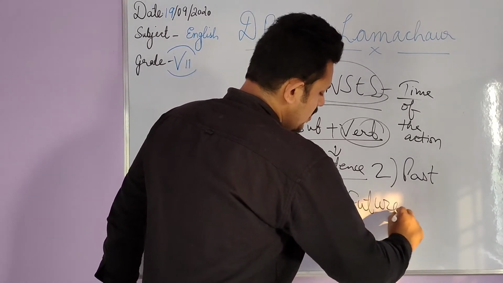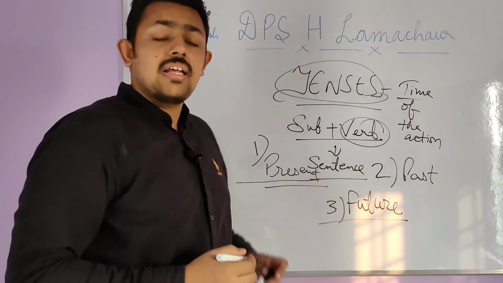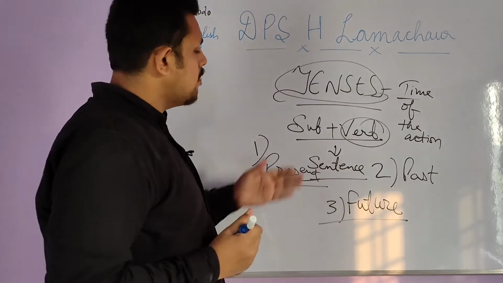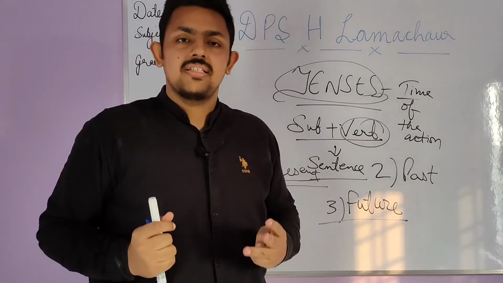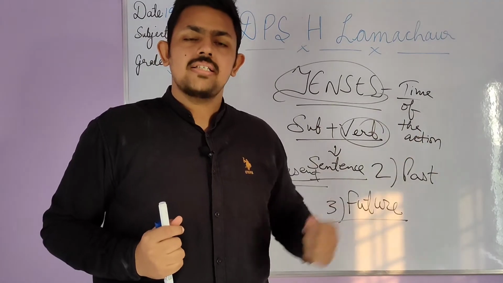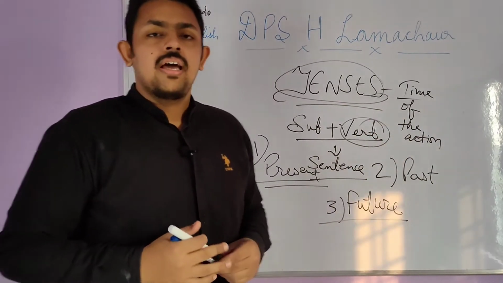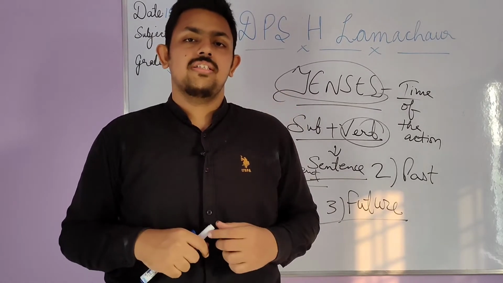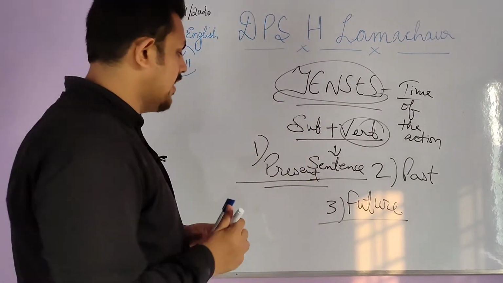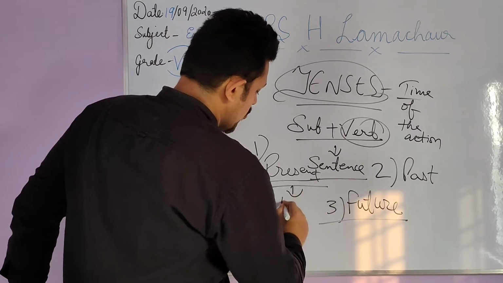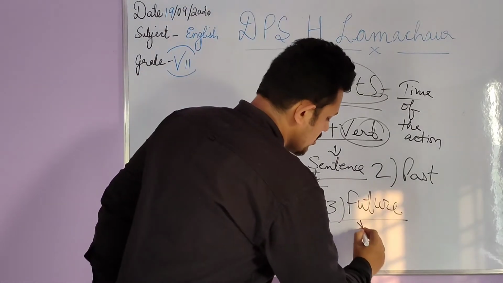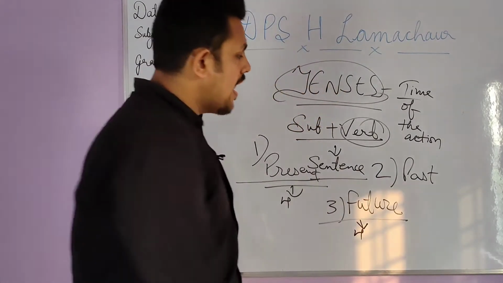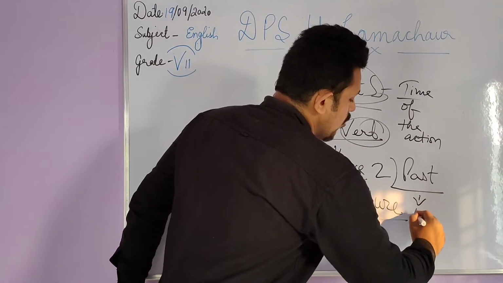Now these 3 tenses are subdivided into 4 different kinds each. Present has its 4 kinds, future has its 4 kinds, and past has its 4 kinds.